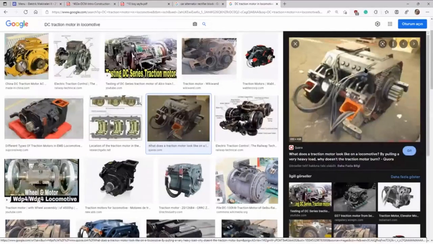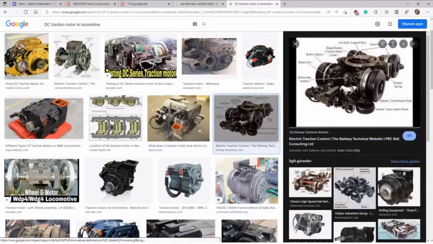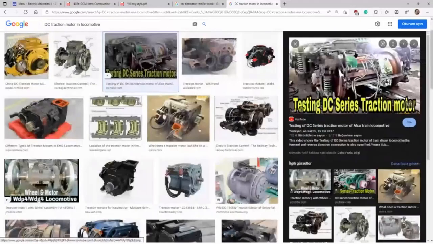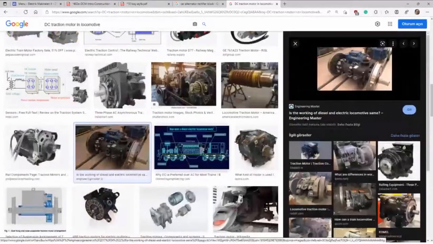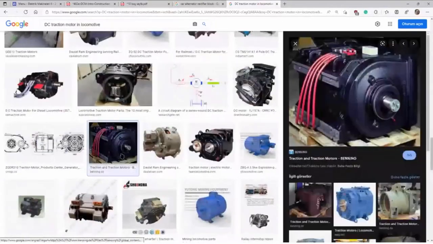This is, let's say, the rotor part. That is the stator part. There are at least 2 electrical ports. Another DC traction motor. That is a bogie, a special truck element. Bogie motor somewhere here. For traction in locomotives, DC motors have been used for over 100 years, and they are still in use.